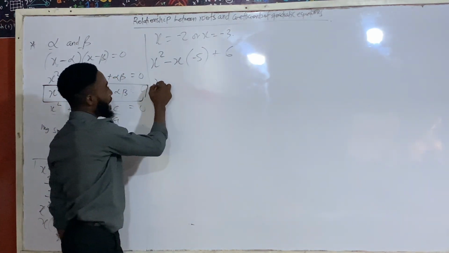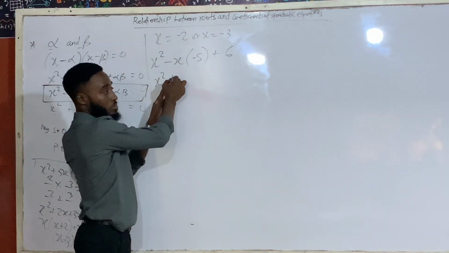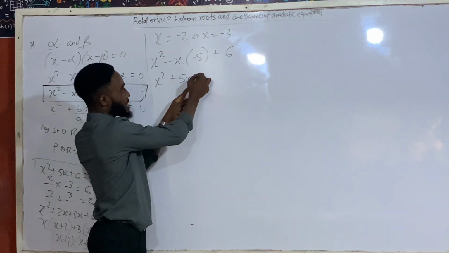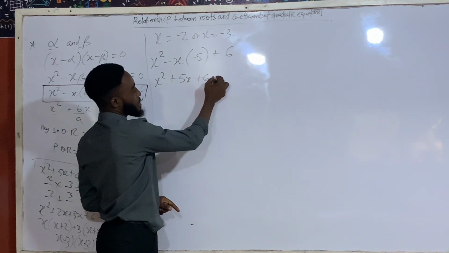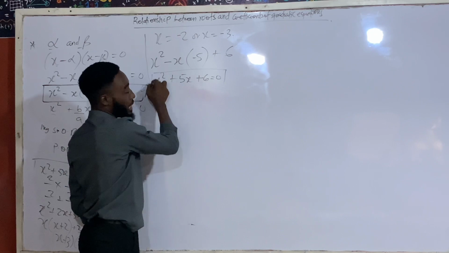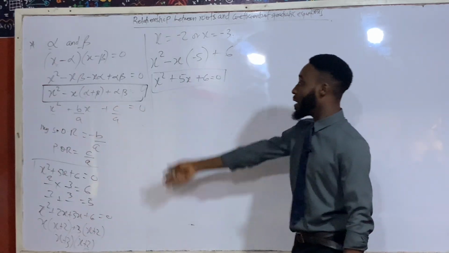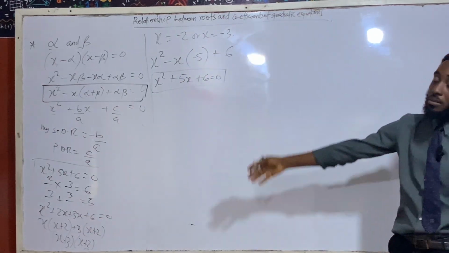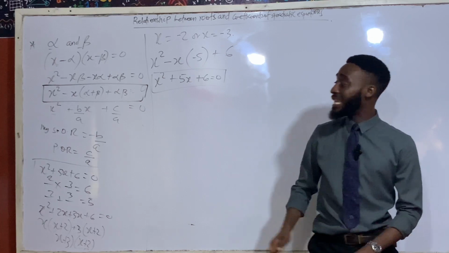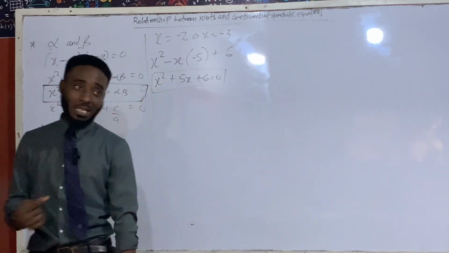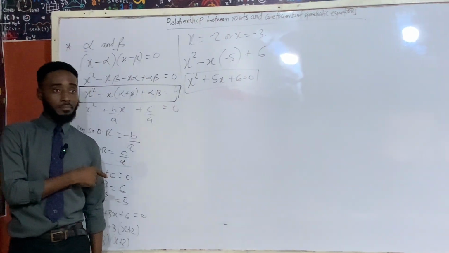So finally I'll have x squared plus 5x plus 6 equals 0. Do you get that? So the reason for going through all of this is to help us find equations when we are given the roots. Is that okay? All right.